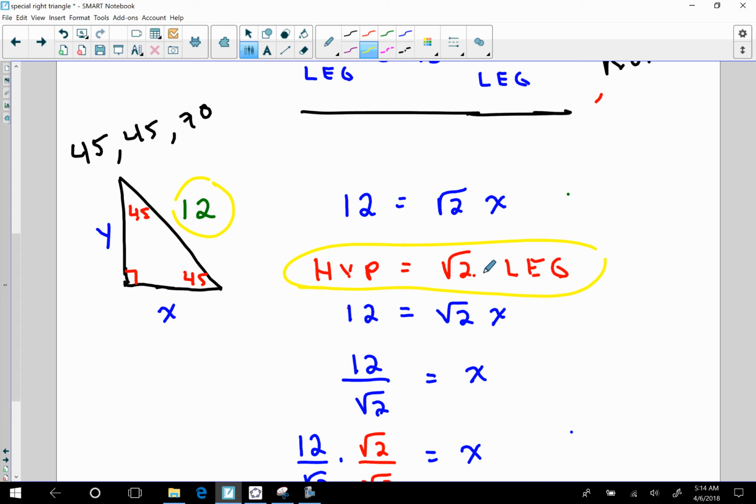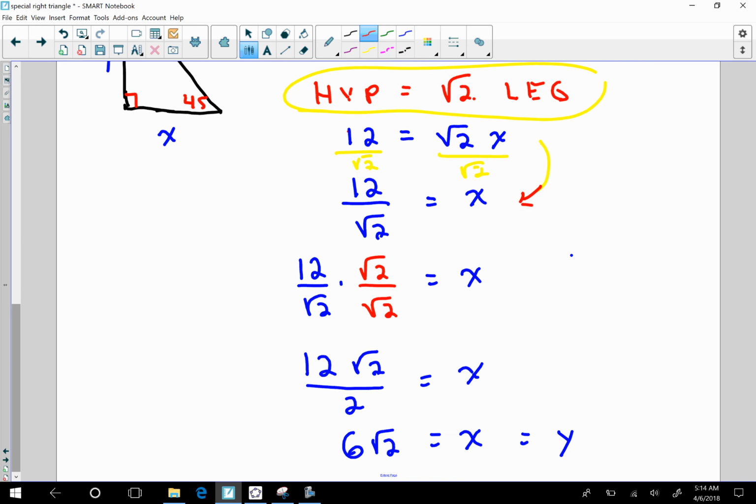I want the leg, x, so 12 is equal to square root of 2 times x. Now I'm going to do some algebra. I'm going to divide both sides by square root of 2, and that tells me that x is equal to 12 over square root of 2.